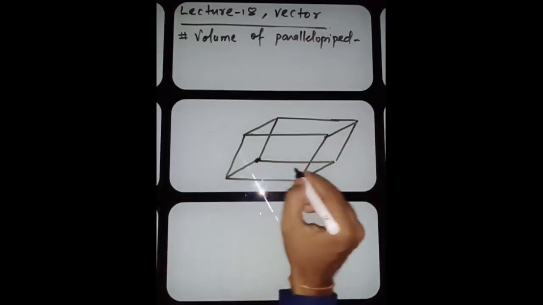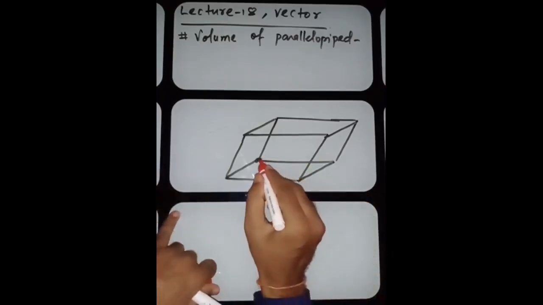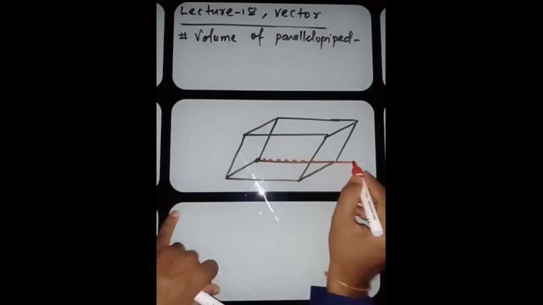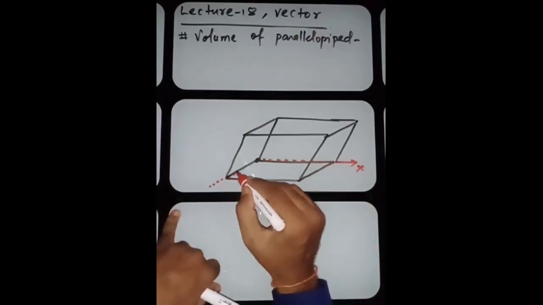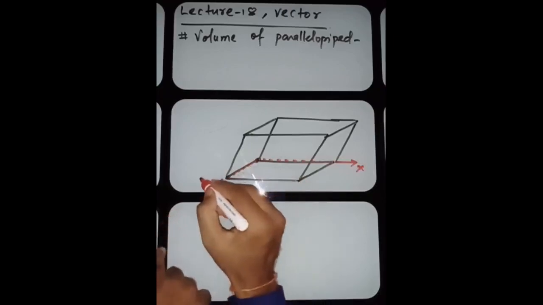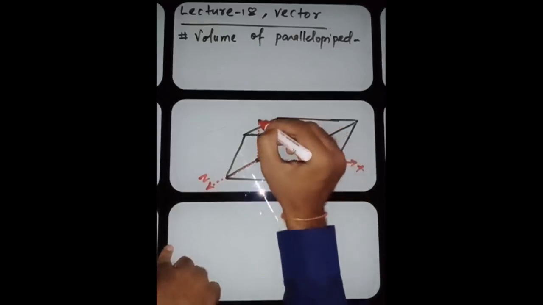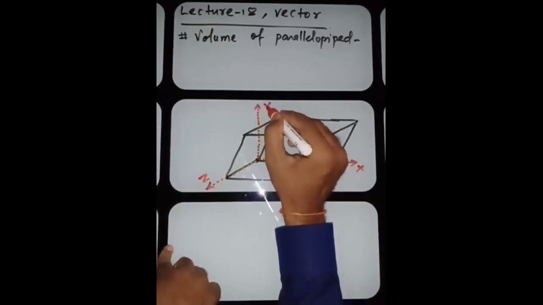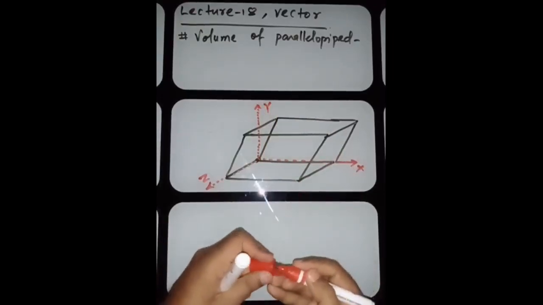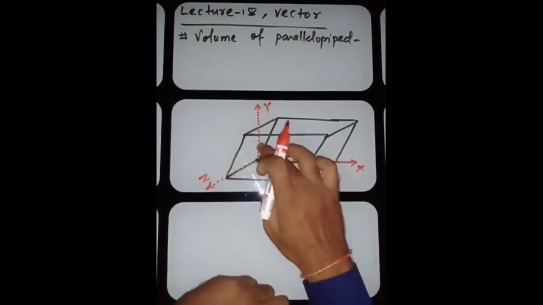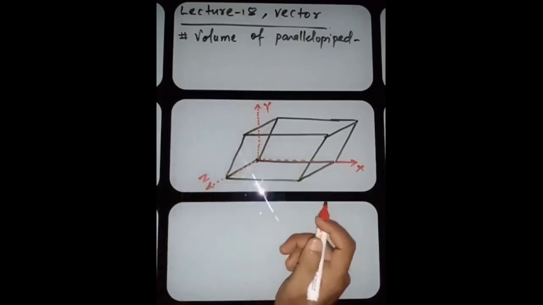Now one axis is along this side, the x-axis, along this side it is the z-axis, and this side it is the y-axis. All right, my dear students, here the three vectors are given in this way. Actually this y is in the upward direction, since your structure is tilted by some angle.